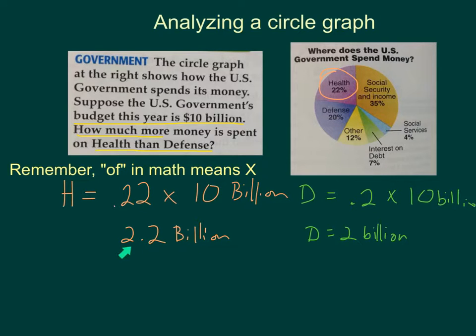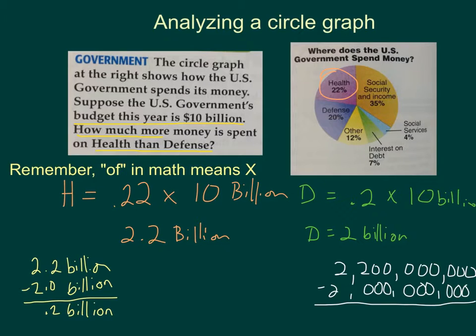Now I'm going to need to subtract 2.2 billion minus 2 billion. So now over here I've done my 2.2 billion minus 2 billion, and I can see that equals 0.2 billion, and I wrote it out over here so you can see what it would look like in long number form. But if you want to figure out 0.2 billion, think of it like this: if I move the decimal one place to the right, here's my billions, one place to the right would give me 100 millions.